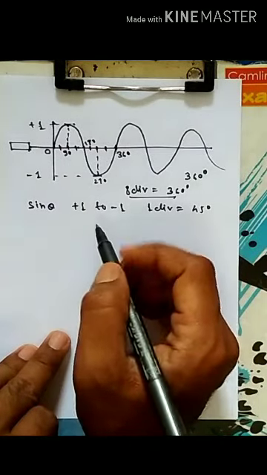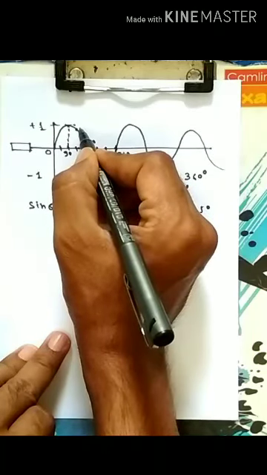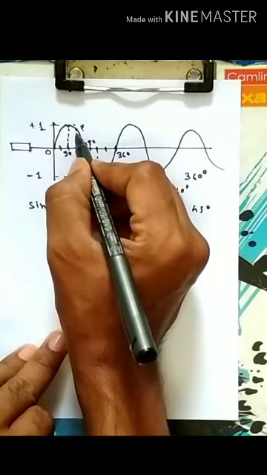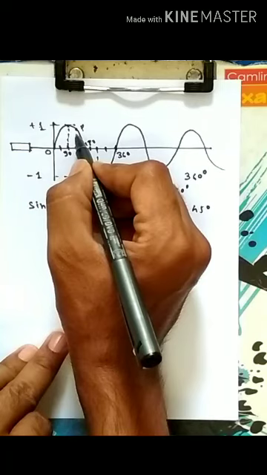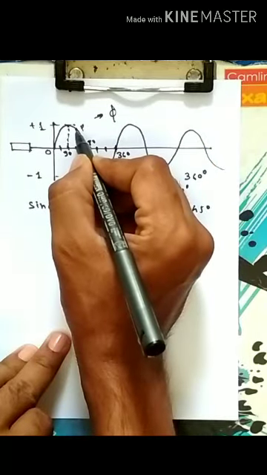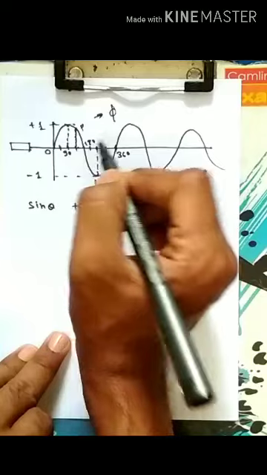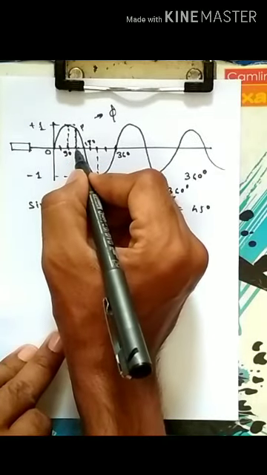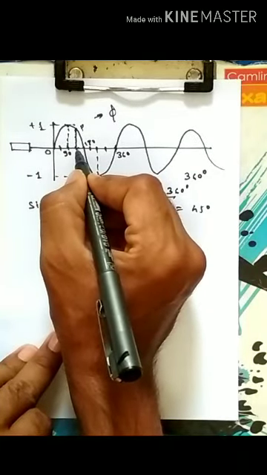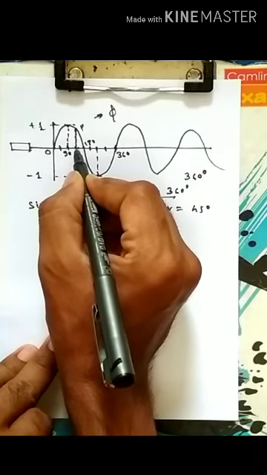Now suppose I have this point P here. What is the phase at point P, which is indicated by phi? So I can draw a normal up to this line. So this is the 0 point, this is 1, this is 2 and this is 3.